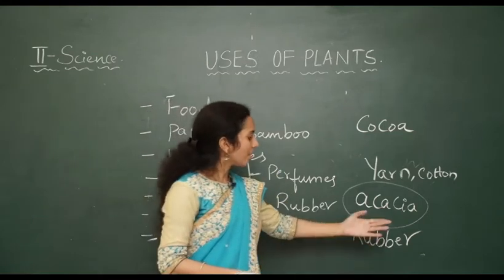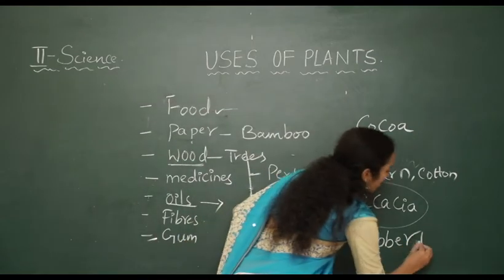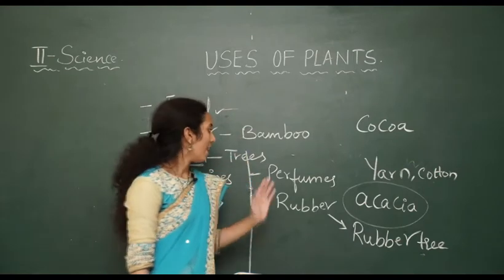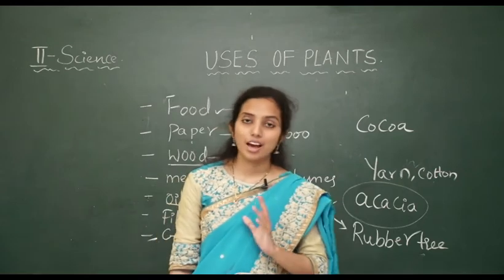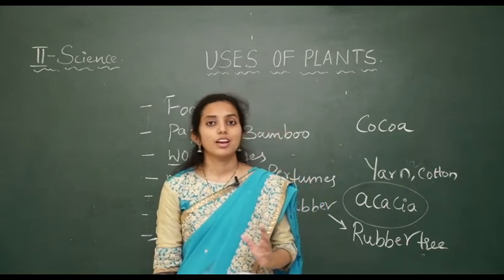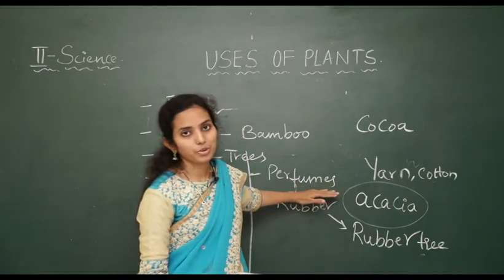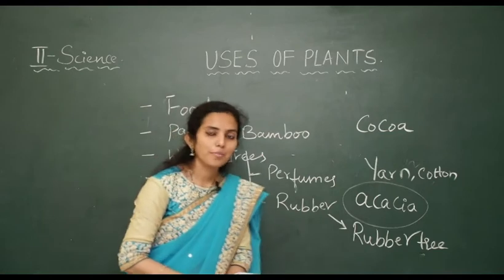And rubber is also extracted from the rubber tree, that is also from the trunk. And perfumes, all the good fragrant flowers, jasmines, roses, lilies are used in the preparation of perfumes. So these are the different uses of our plants.